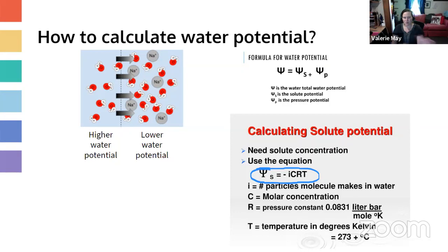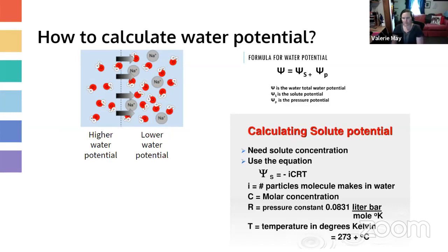And those water molecules, because there's no solutes trapping them on one side of the membrane, are free to move. So they're more likely to move to the other side and then get trapped by those solutes. So that's where hypertonic and hypotonic come into play. Right. So hypertonic with more solutes typically is going to give you a lower, or more negative, water potential.